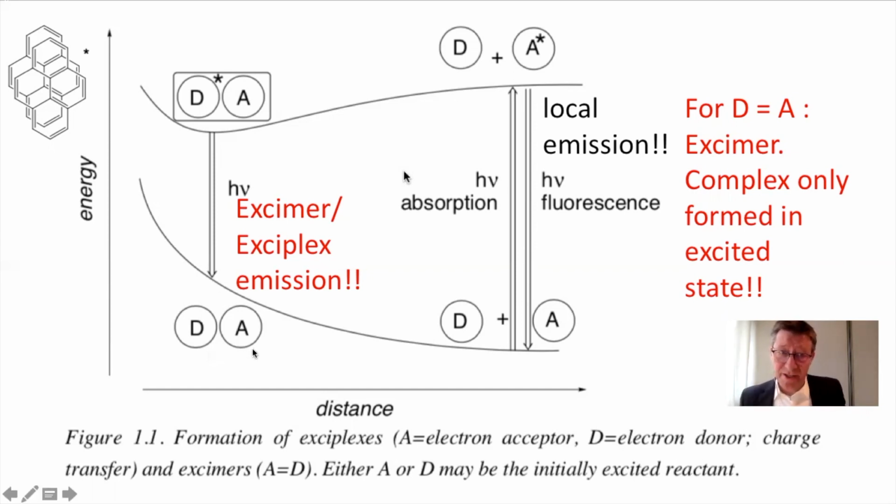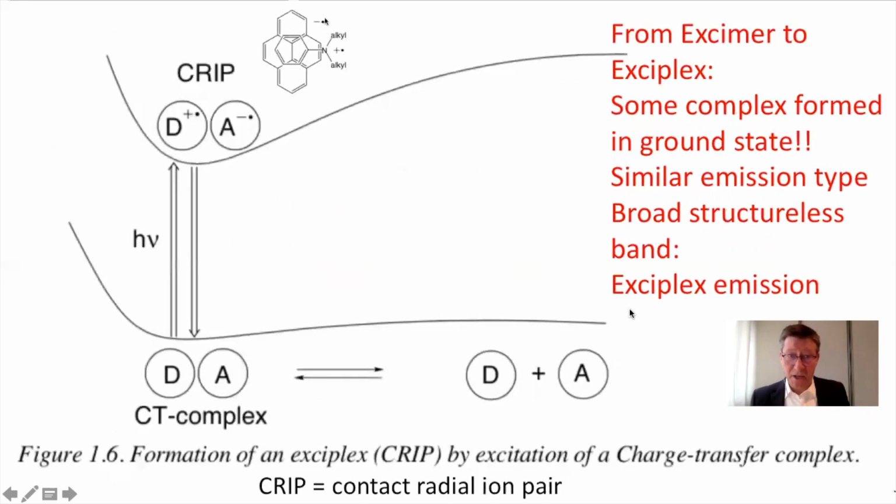If there is a donor and acceptor, you can have this same emission, but if you take a very close look, then you actually can measure that there is some interaction in the ground state. We have an emission that's very much like an excimer, but there is some interaction in the ground state. So here we see that in the ground state, there can be a small minimum, but we can have the same Exciplex type emission. We can have a contact radical ion pair.